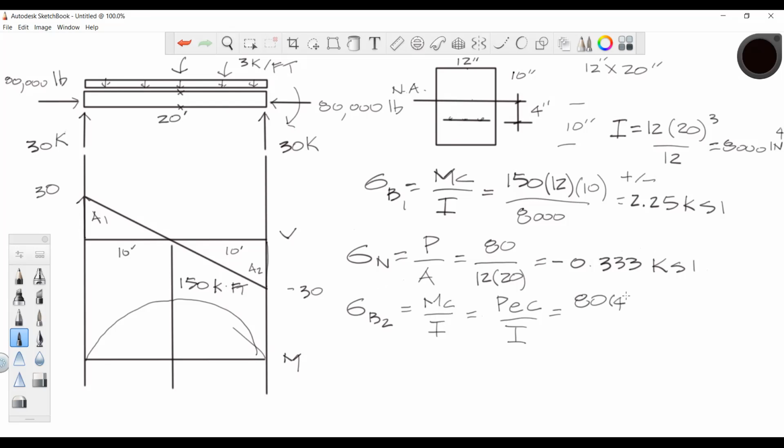So this has been compressed by that. And then what is C? C is the distance from the neutral axis to the edge fiber. So that's going to be also 10. Divided by that cross-sectional area. Let's see what we come up with there.